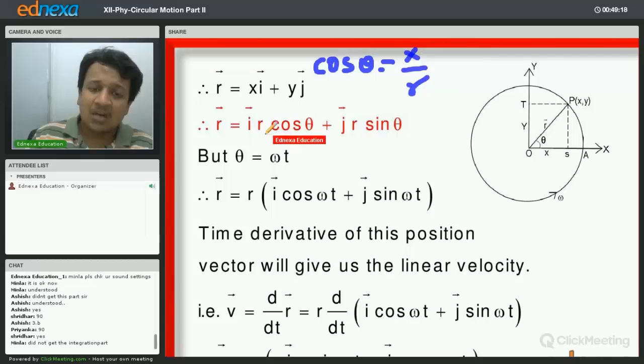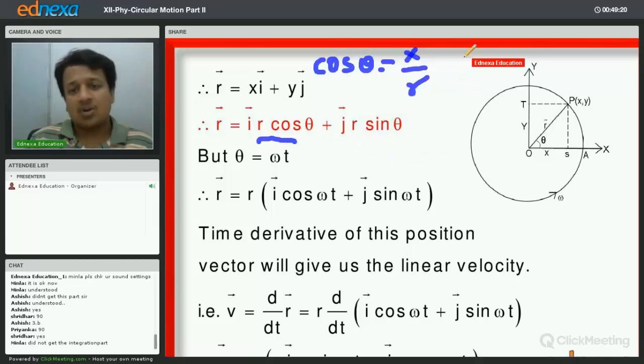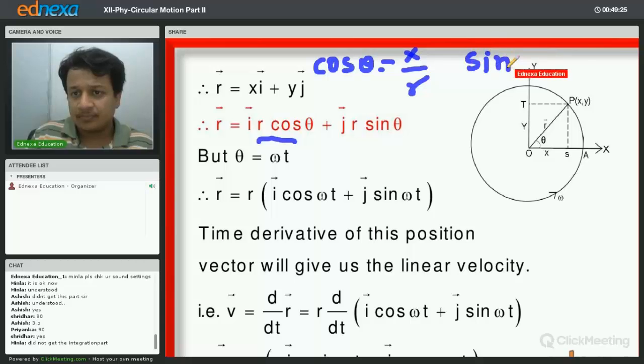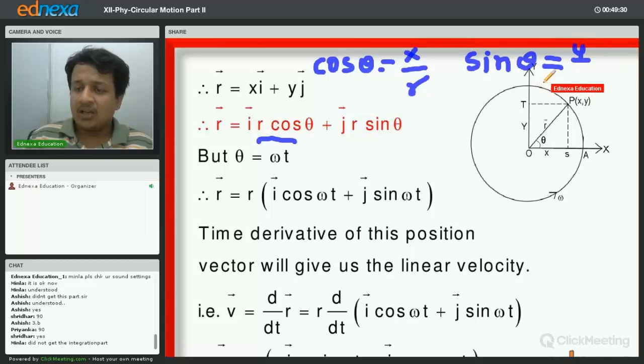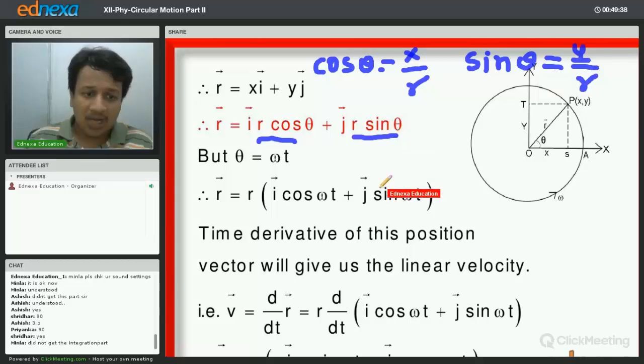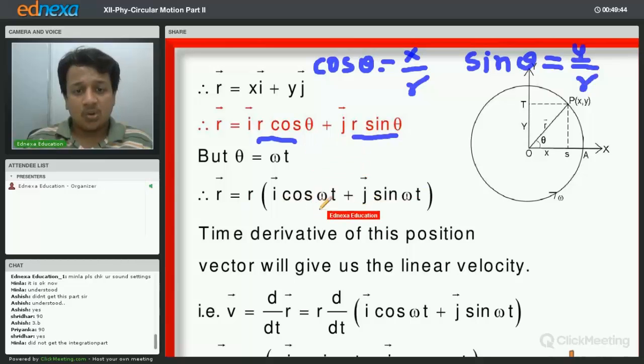So x equal to r cos theta. So putting r cos theta. Similarly, what is the formula for sin theta? Sin theta is equal to opposite upon hypotenuse. So y equal to r sin theta. So over here we are going to put r sin theta. But theta is omega t.